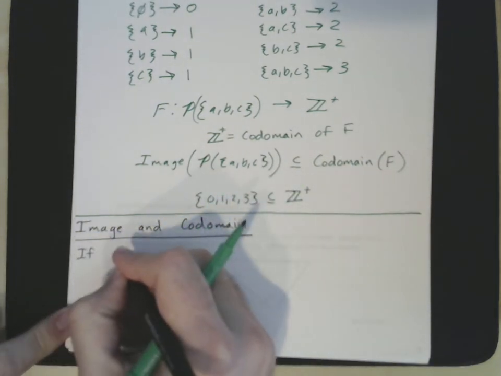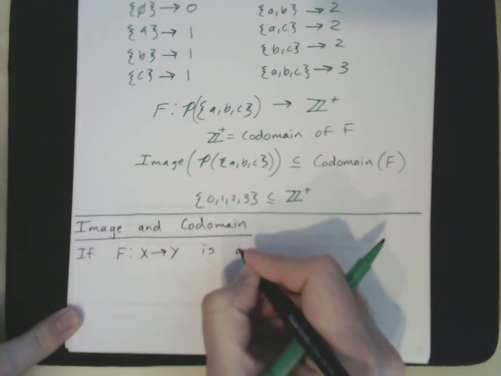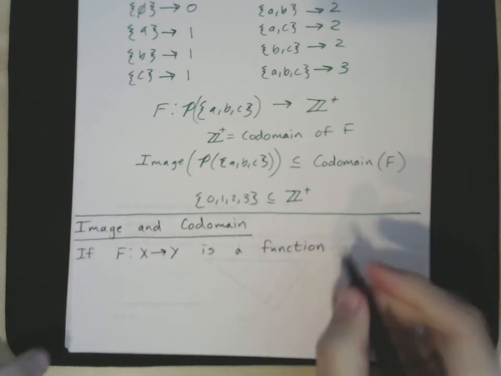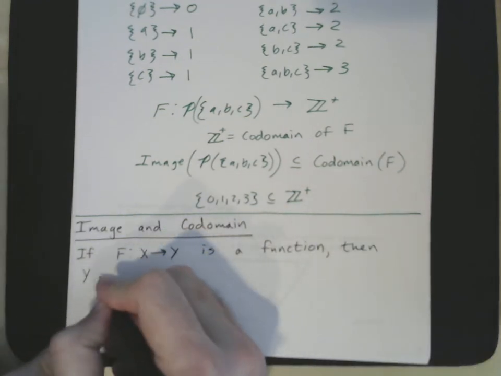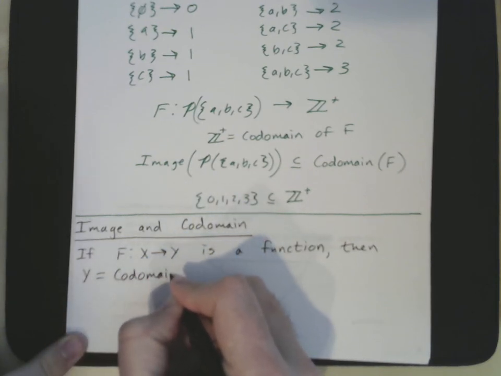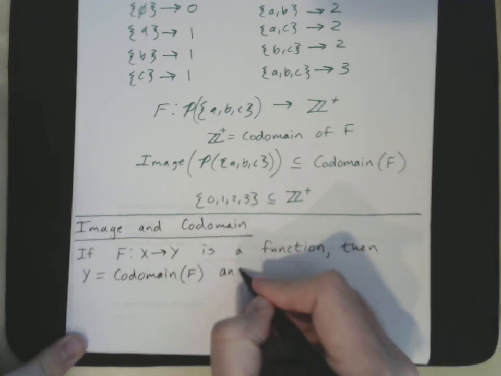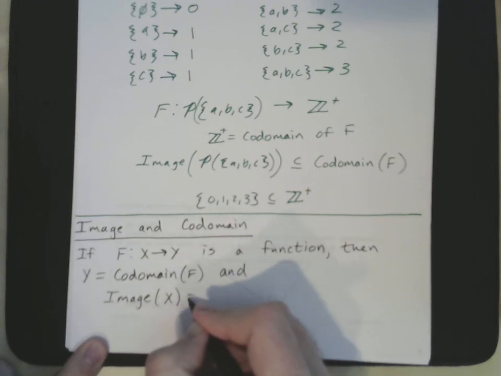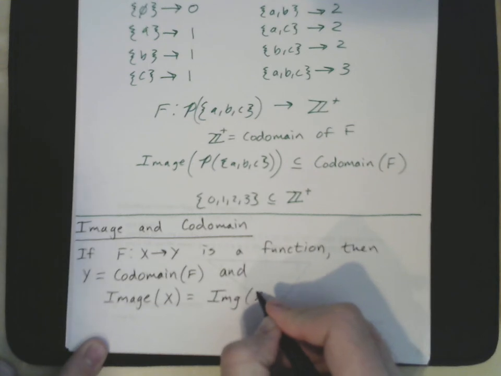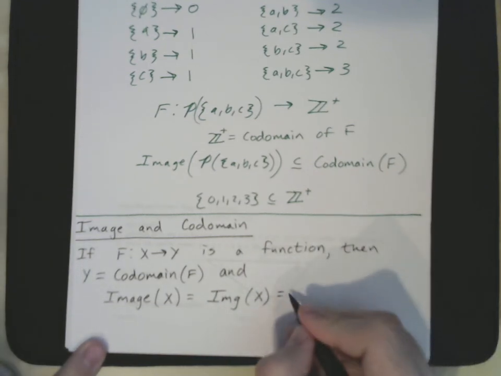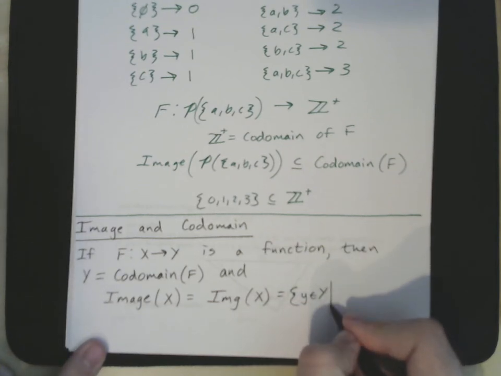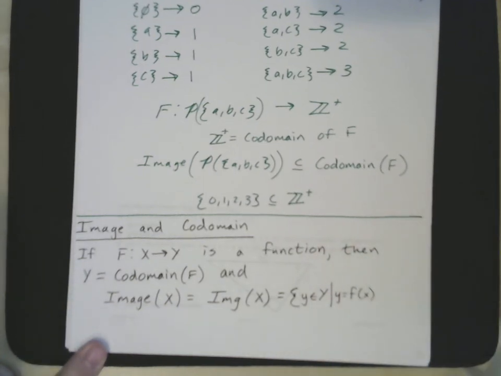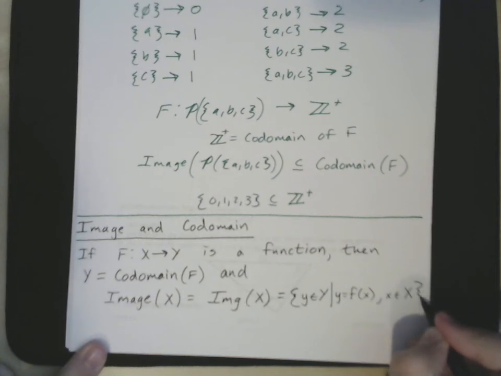So if f maps x to y is a function, then y equals the codomain of f, and the image of x, sometimes we just denote this as img of x, equals the set of little y in capital Y such that f of x equals that y, where x comes from the set x.